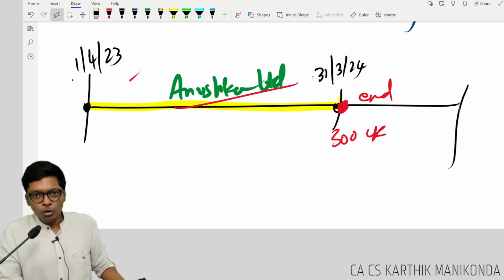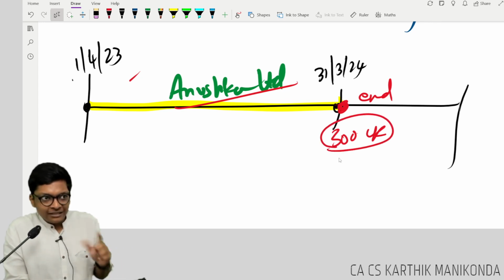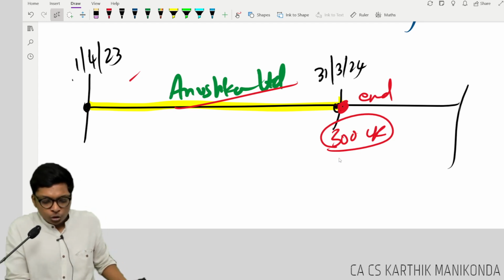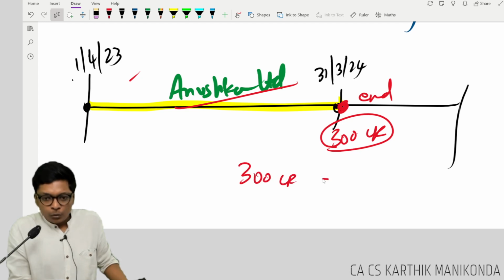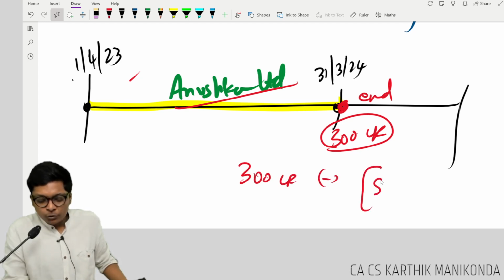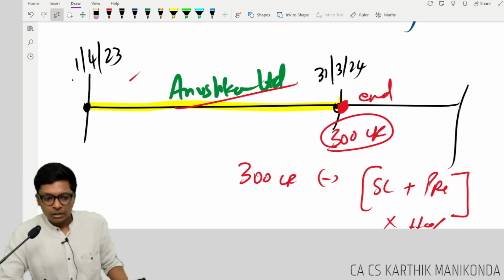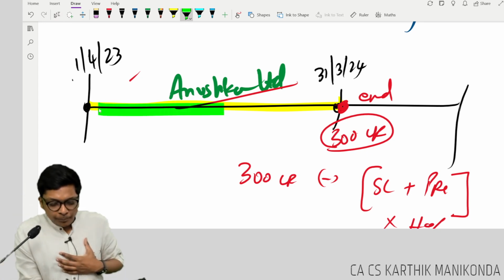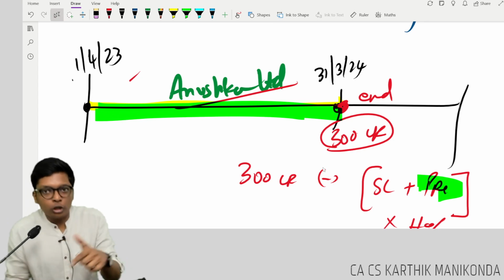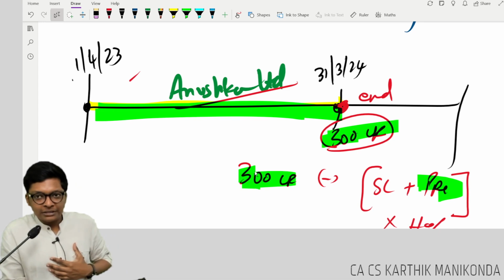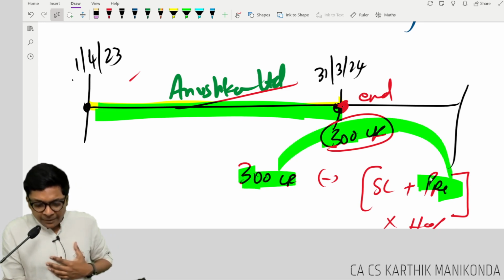Now, this 300 crores we did in consolidation, computation of what you pay versus what you got. So what you paid is what he got. If you remember the sums, we took share capital plus pre-acquisition reserves into holding share. That means we used to consider profits is what you paid for also. Correct? So Virat paid 300 crores, which is including the pre-acquisition profits.